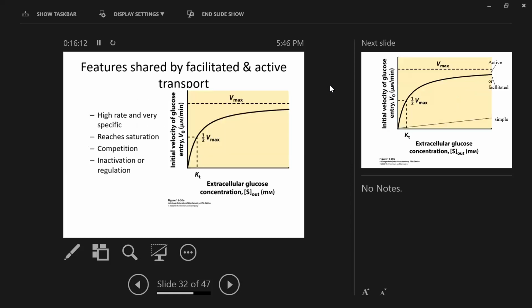But now, this is where it shows you how, like, this might remind you of the enzyme chapter where you graphed. Okay.